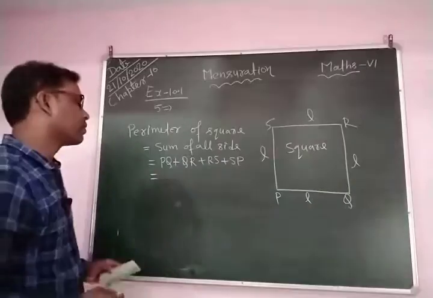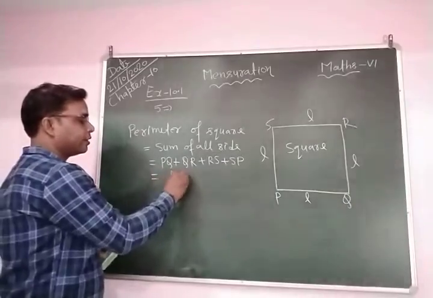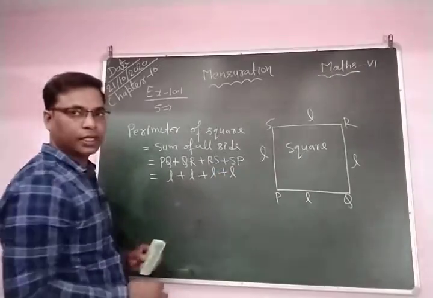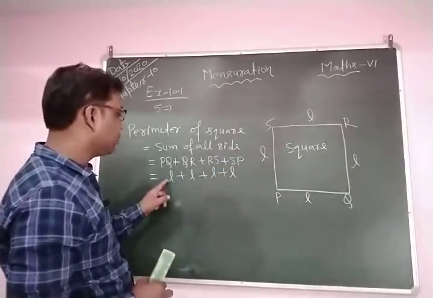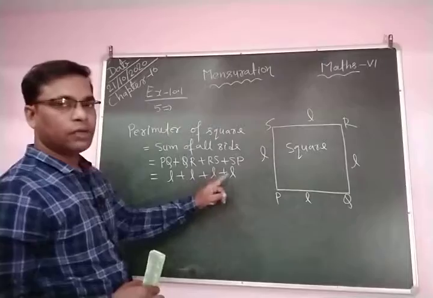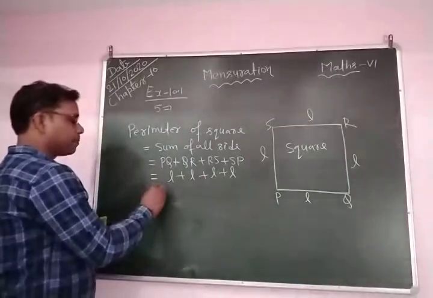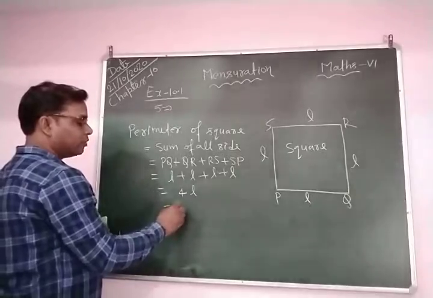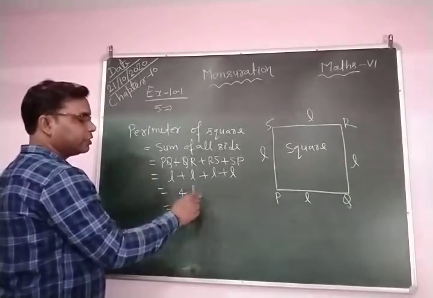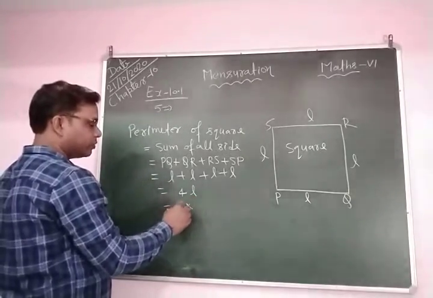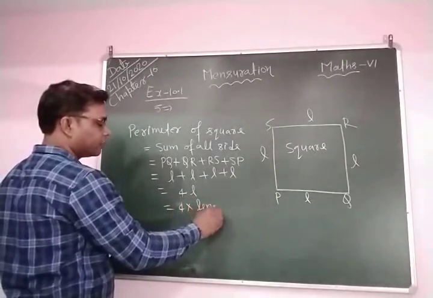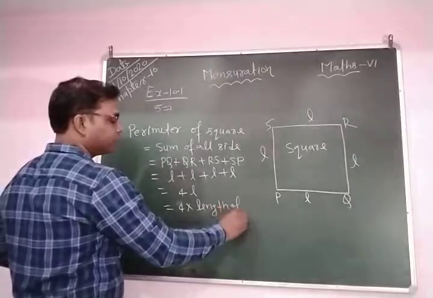So now we write L plus L plus L plus L, which is equal to 4L, where L represents the length of the side. So you can write here 4 into length of side.